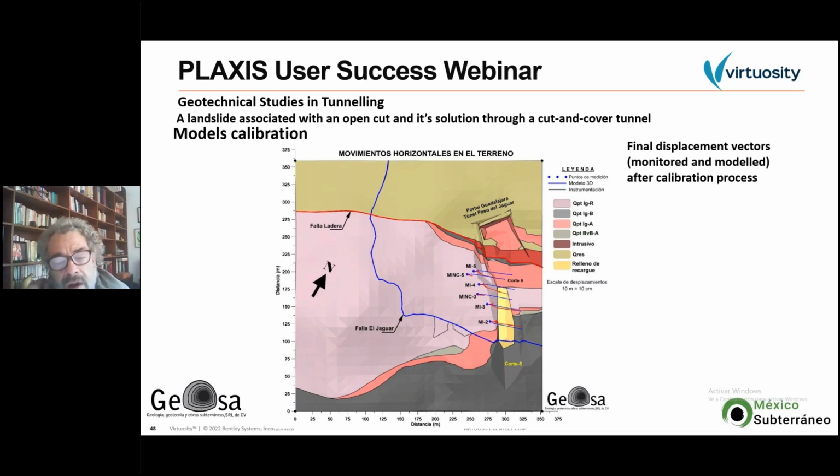So we said, okay, this is the best result we can get, and up to this point, we can consider that we have created a reasonable approach of the real geomechanical scenario of this problem. And now the next step is to analyze and to design the solution of the stability problem.